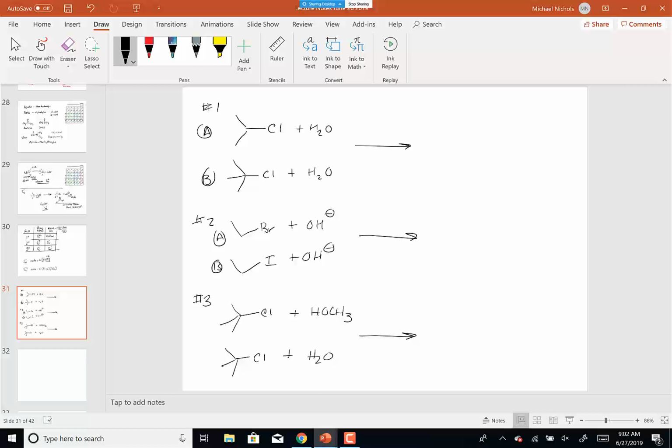So there's three to start with. Which reaction goes faster, the A reaction, the B reaction, or the C reaction?